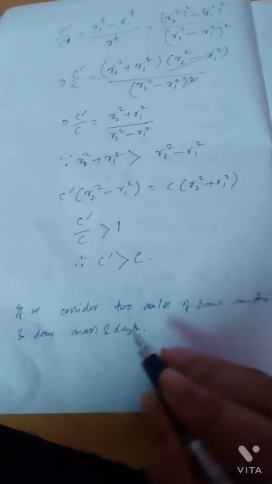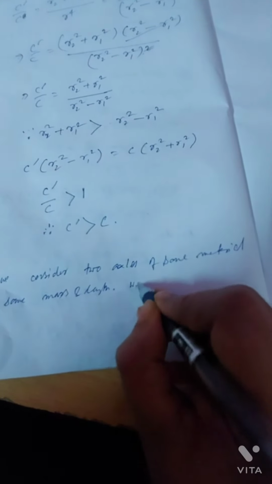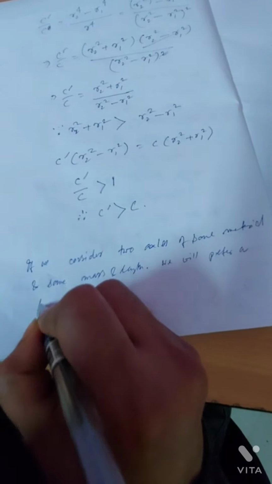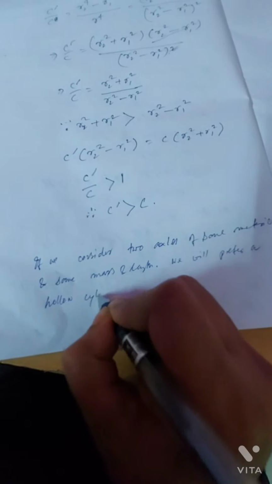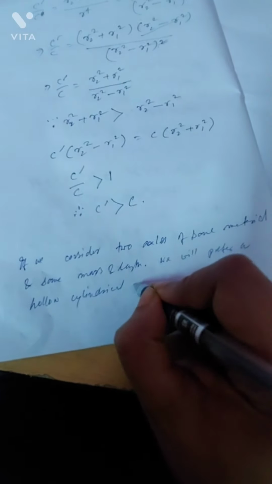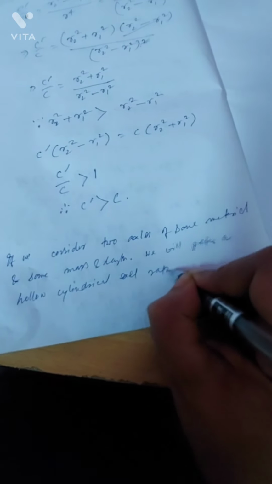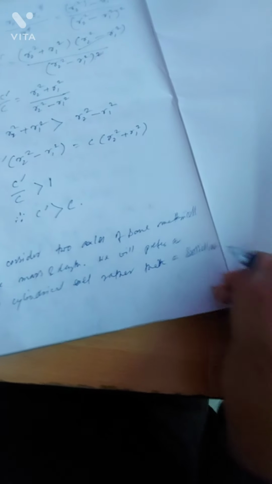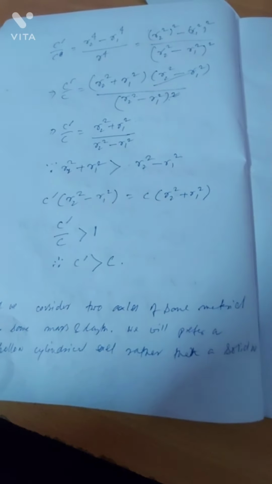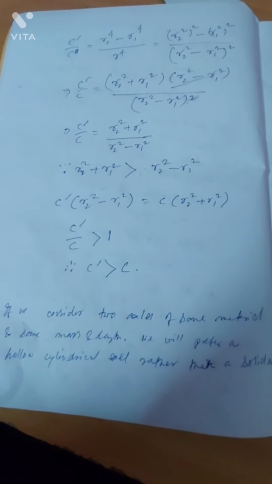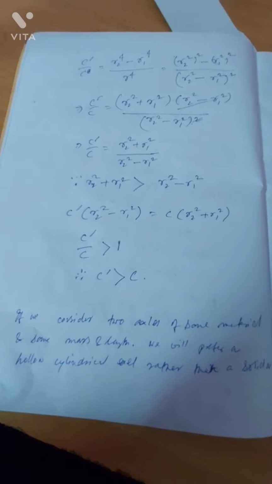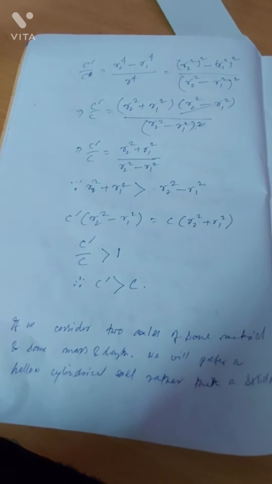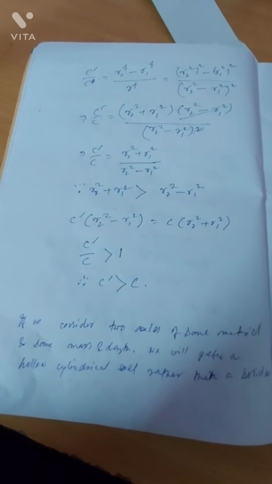We will prefer a hollow cylindrical axle rather than a solid one. Why? Because for the hollow cylinder, the torsional rigidity is higher than the solid one, and if you want to make the axle, we need a material with high torsional rigidity.